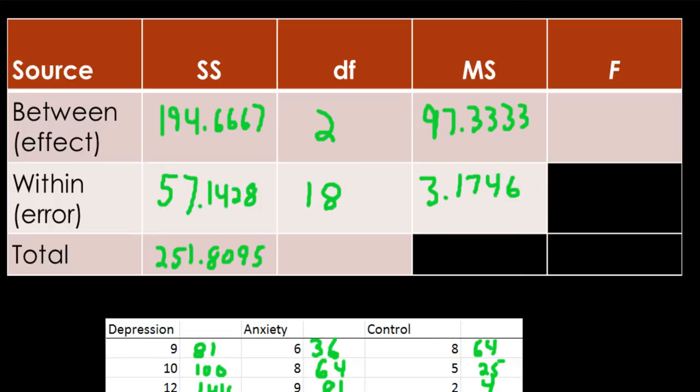And we divide our mean square effect, or between, by our error, and we get a very large F ratio of 30.66.